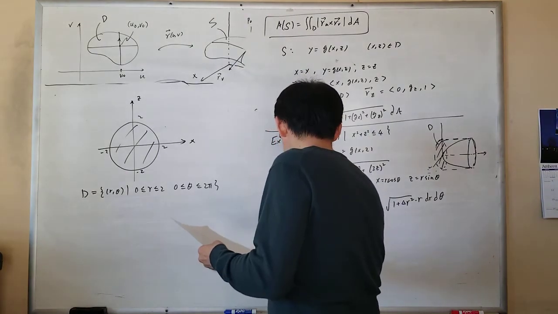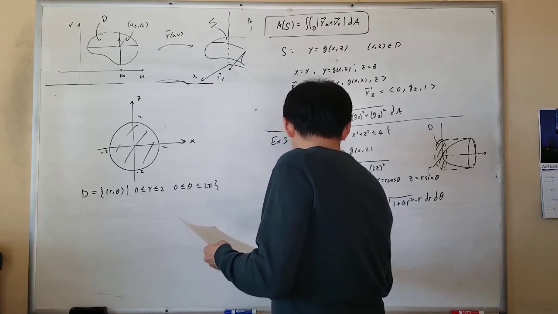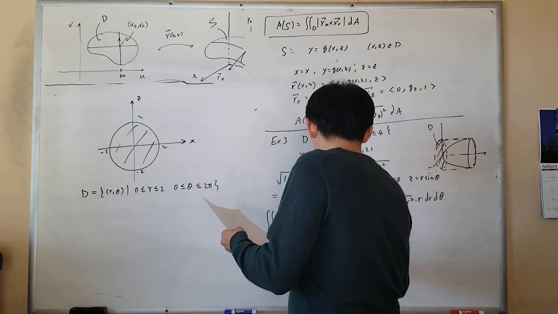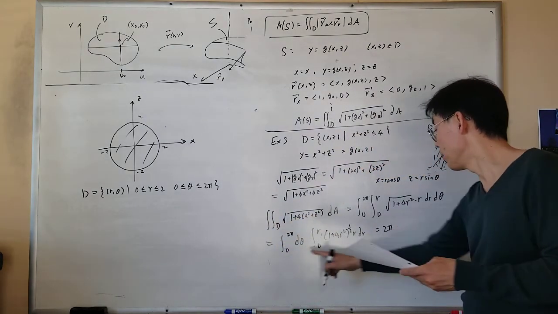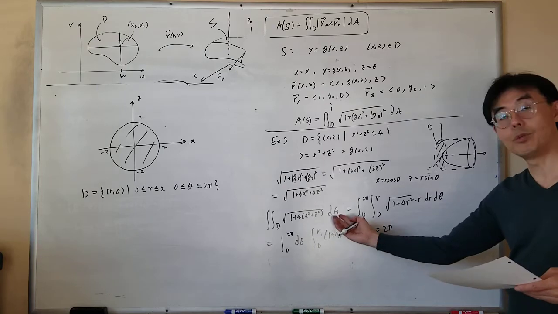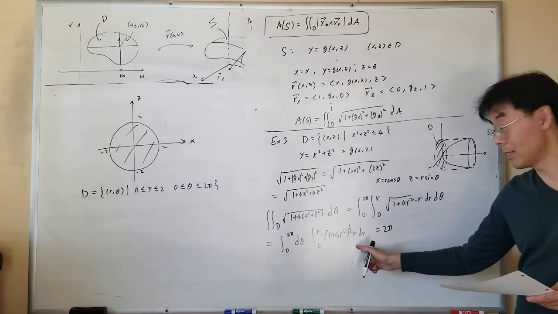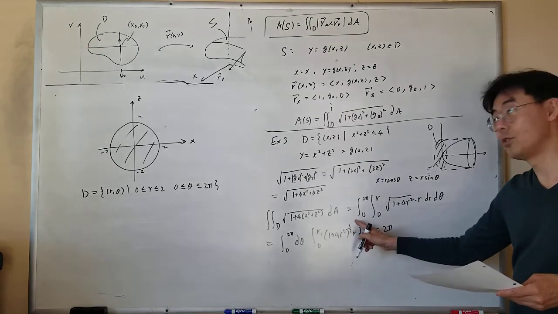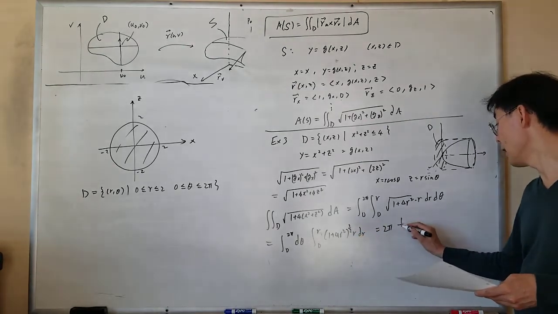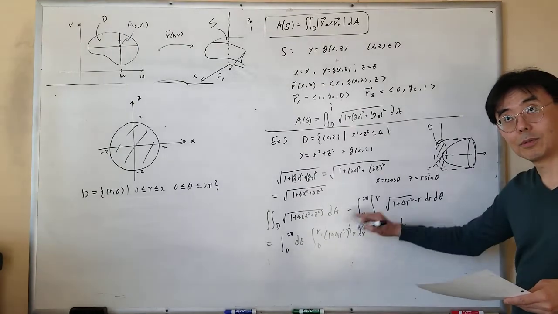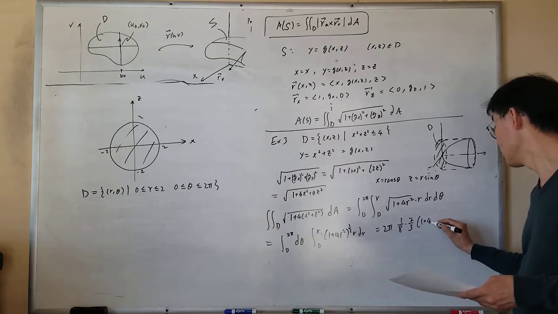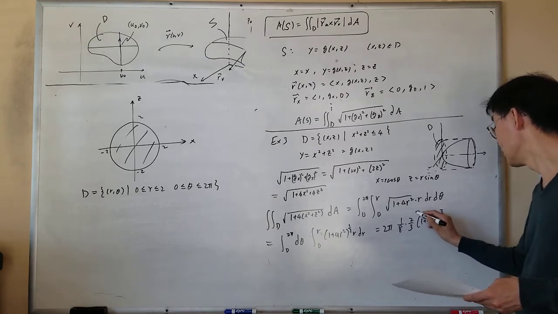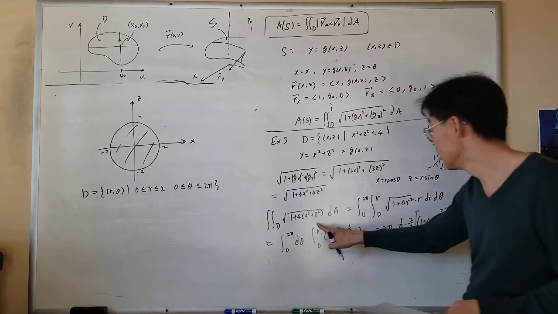Alright? So this one is now separable: the integral of 1 d theta from 0 to 2 pi, times the integral of the square root of 1 plus 4r squared times r dr, which is u to the 1/2 times 1/8 du. So, the integral of u to the 1/2: first of all 1/8, then 3/2, reciprocal 2/3, and u to the 3/2, where r runs from 0 to 2.